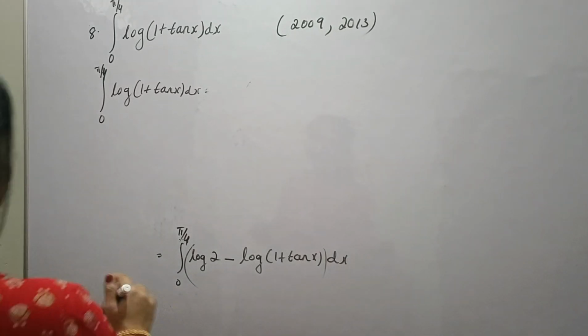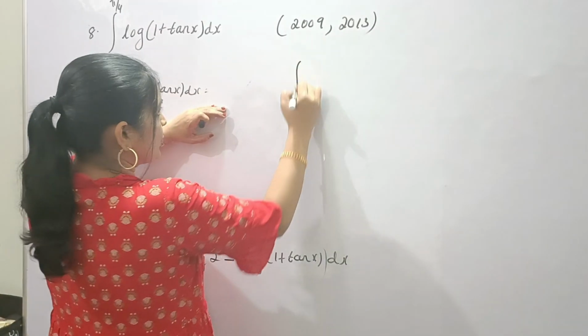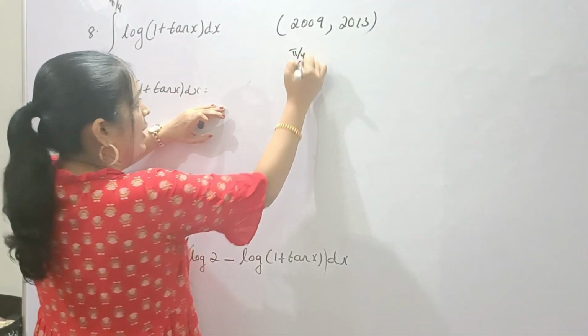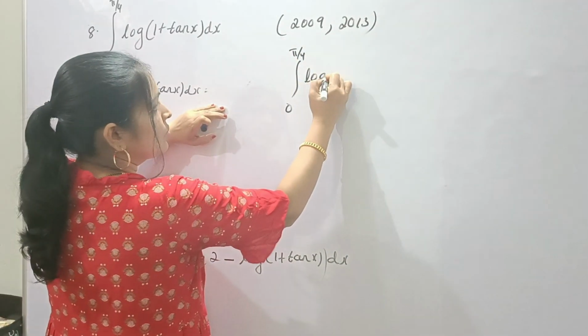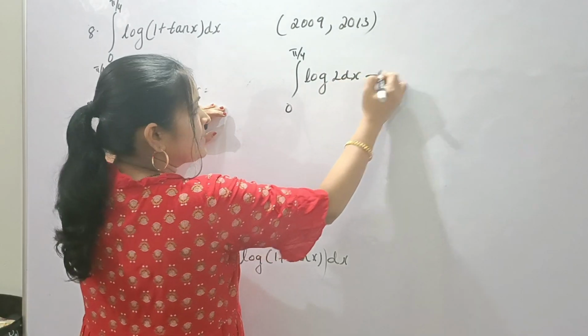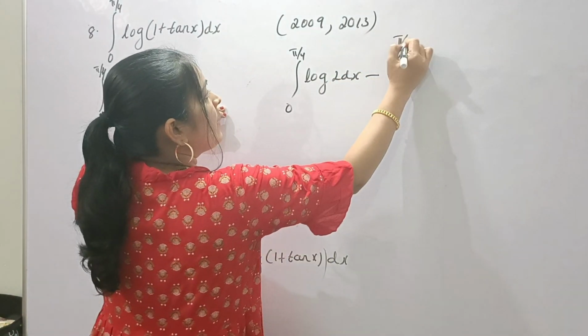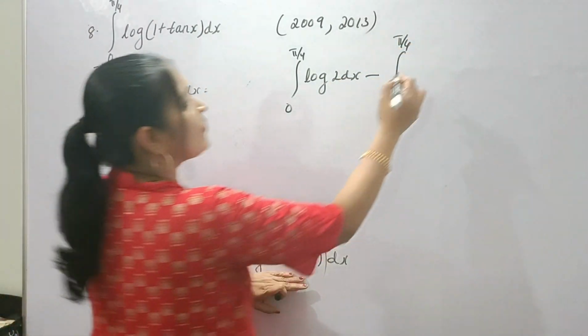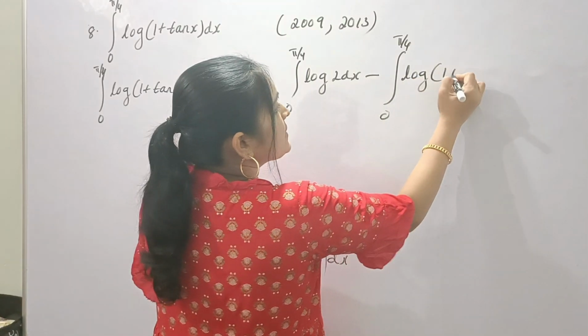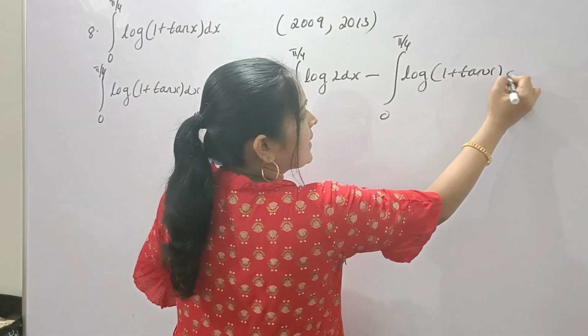Now let's split this integral. This integral is equal to integral 0 to pi by 4 log 2 dx minus integral 0 to pi by 4 log of 1 plus tan x dx.